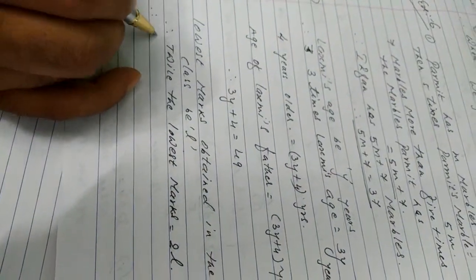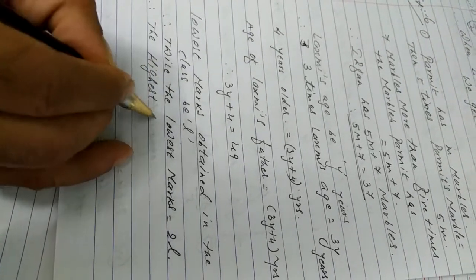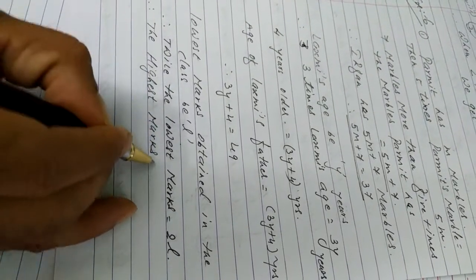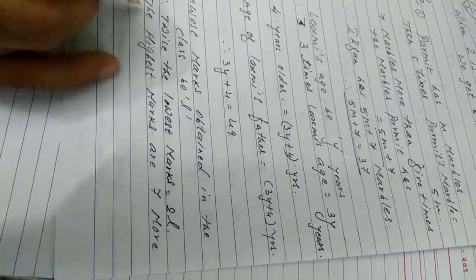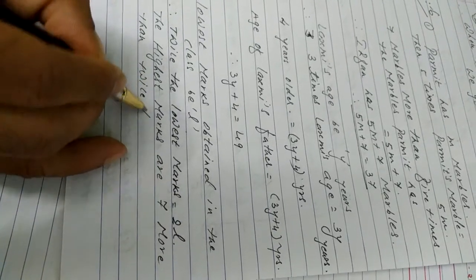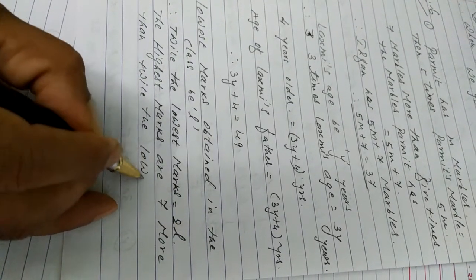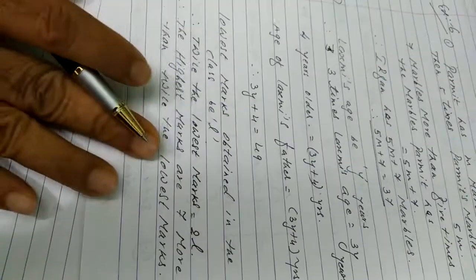Therefore, the highest mark is 7 more than twice the lowest marks, right?